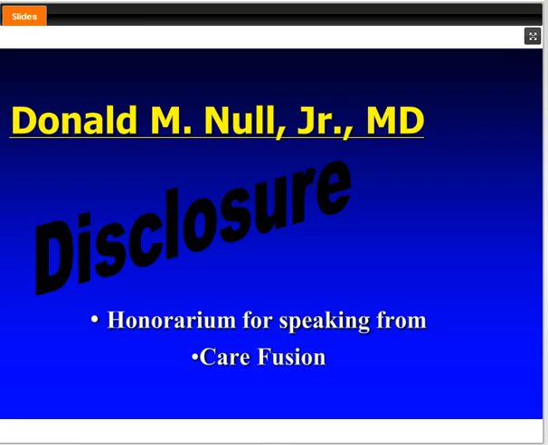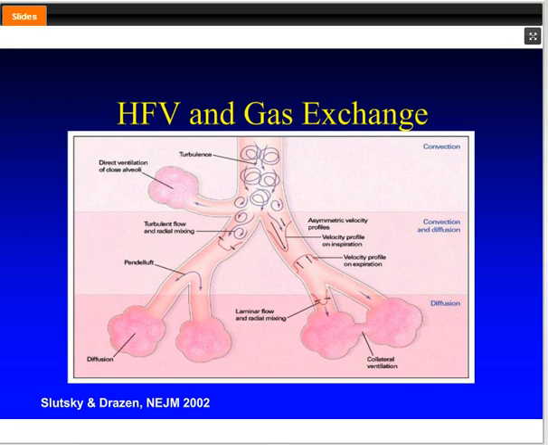There are multiple ways in which high frequency works. Unlike conventional ventilation where you have laminar flow, high frequency operates best with turbulent flow, which creates a lot of mixing. You get a pendulum effect in the lower airways where gas exchanges from one side to the other, and you get better mixing from that standpoint.